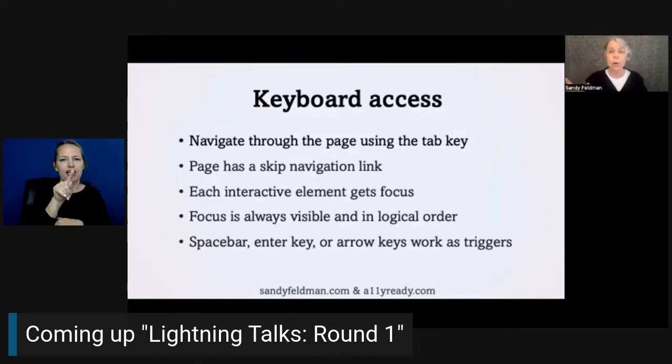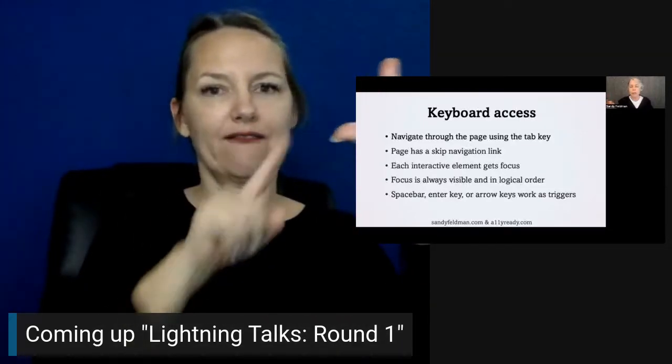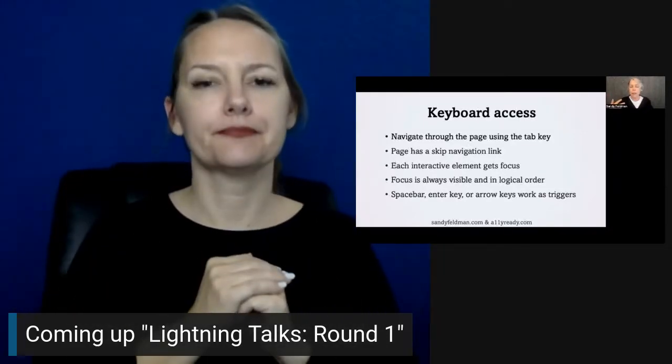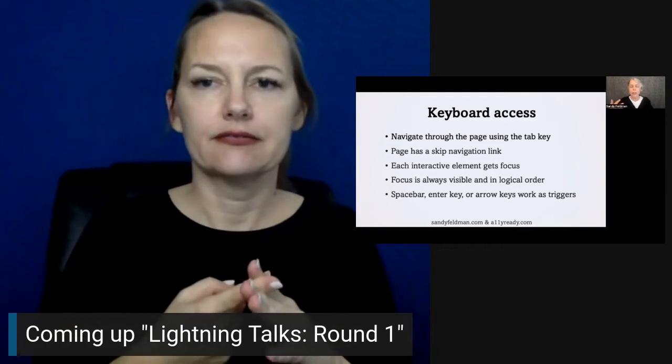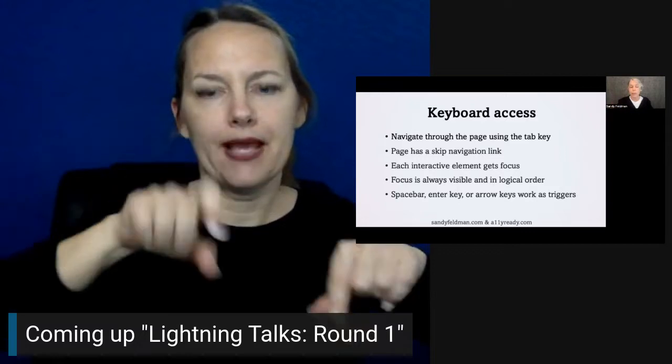It's really important because it's going to let your keyboard users not have to tab through the entire navigation. Make sure that each interactive element gets focus, and that focus is always visible, and that it's in a logical order, which is usually left to right, top to bottom. And you can activate any interactive elements using your space bar, your enter key, or your arrow key.